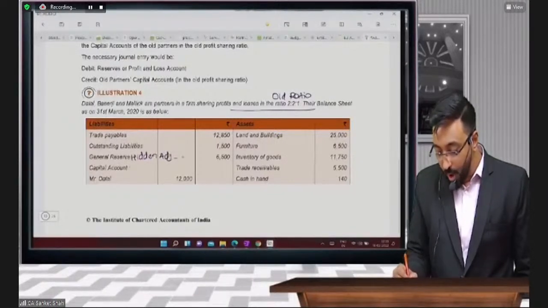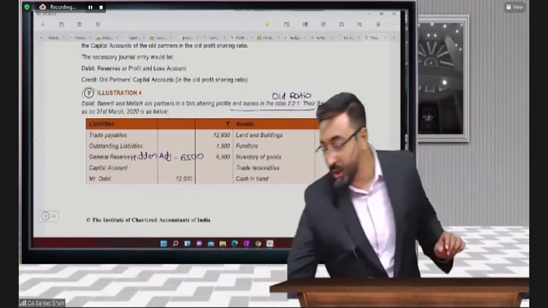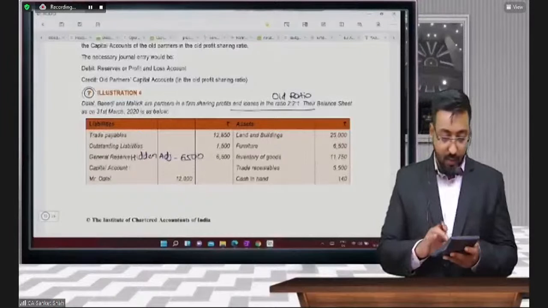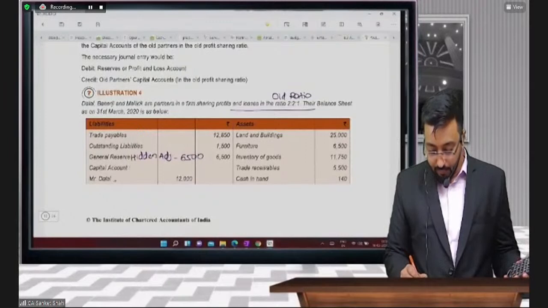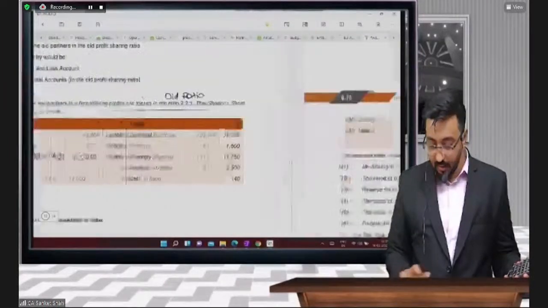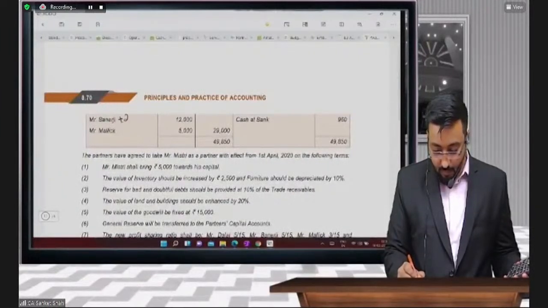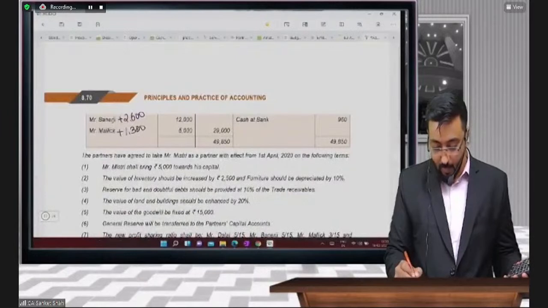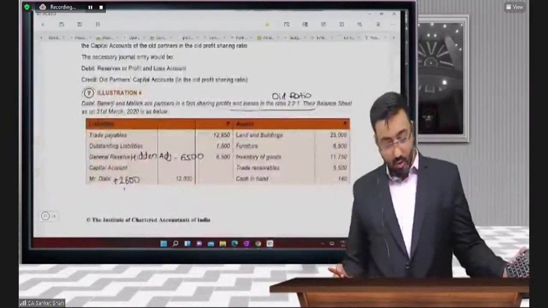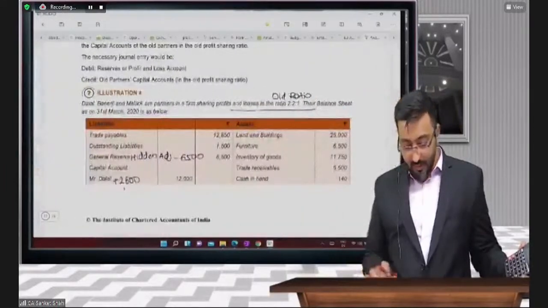Sir, from this we are going to deduct 6,500 and this will be divided in the ratio of 2:2:1. 6,500 divided by 5 into 2 is equal to 2,600, plus 2,600 and 1,300. 2,600, 2,600 and 1,300. Easy.